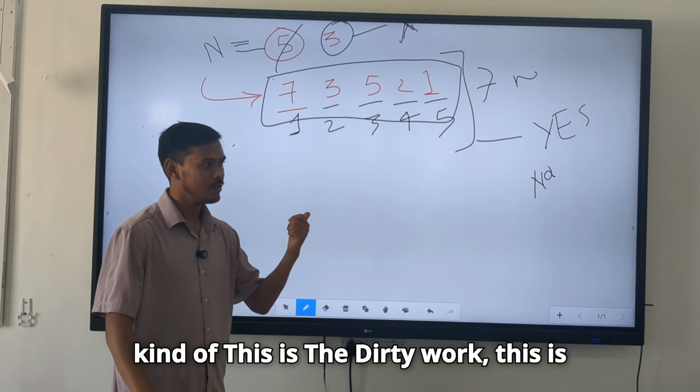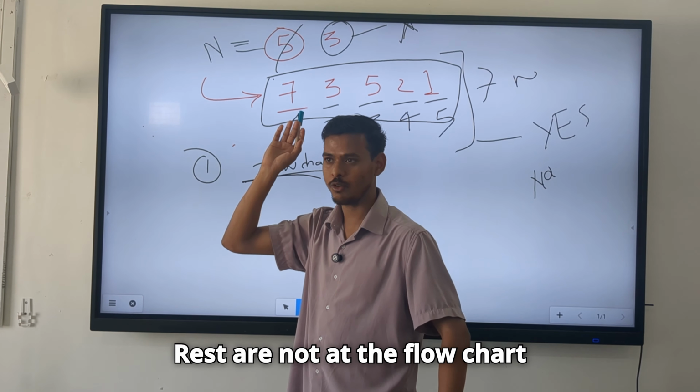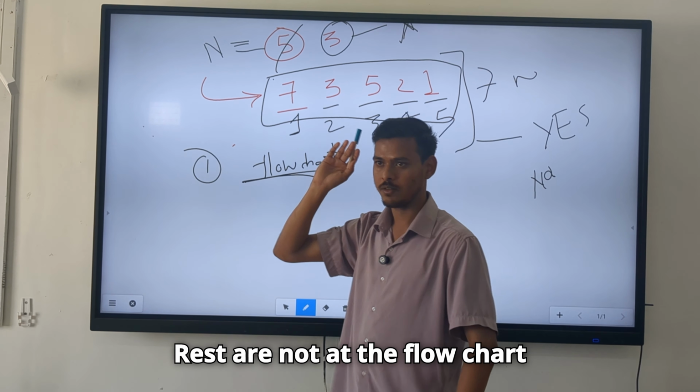Have we understood the question? Okay. Now, flowchart. Who is at the flowchart level? Raise your hands. Flowchart 1, 2, 3. The rest are not at the flowchart level.